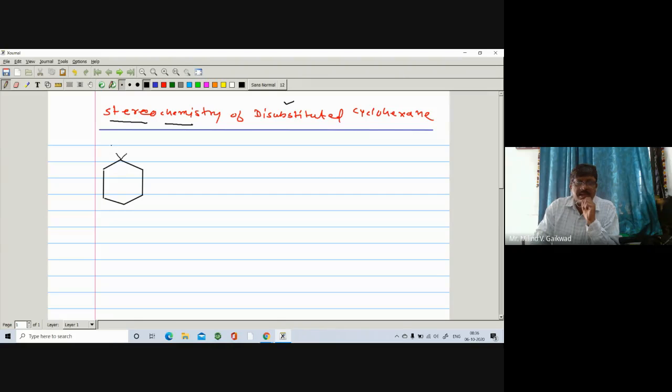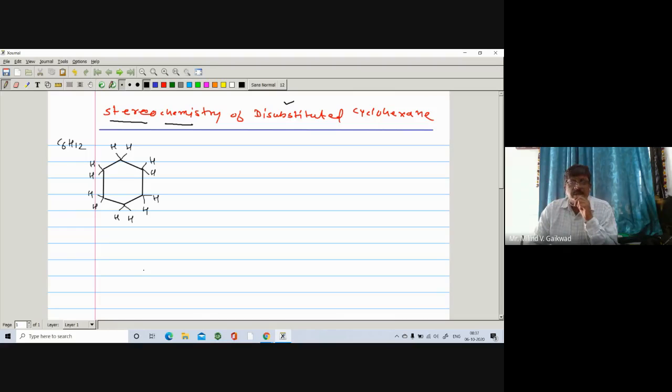So I can write this H like this one. H, H, this also H, H, then hydrogen, hydrogen. So all carbons are having two hydrogen atoms. How many carbons are there? There are 6 carbons, and hydrogens, there are 6 into 2, 12 hydrogen atoms. So it is C6H12.